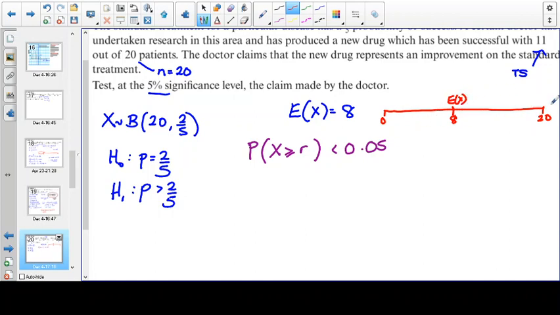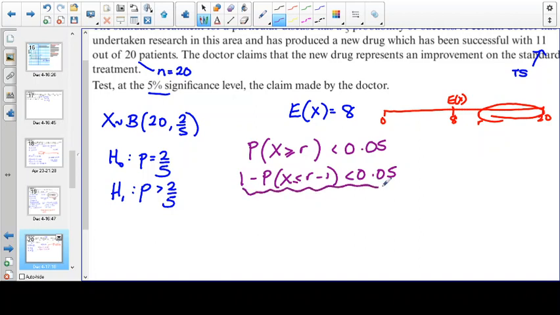So I'm looking for a value along here where the probability higher than that is less than 0.05. So I'm going to do 1 minus the probability that x is less than or equal to r minus 1. That's my statement that I need to show.